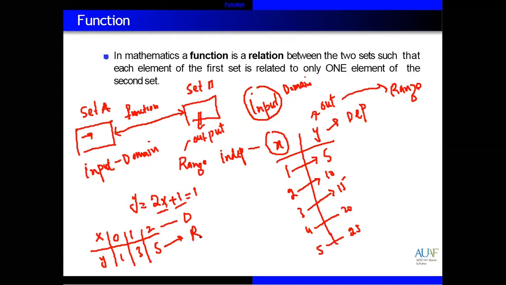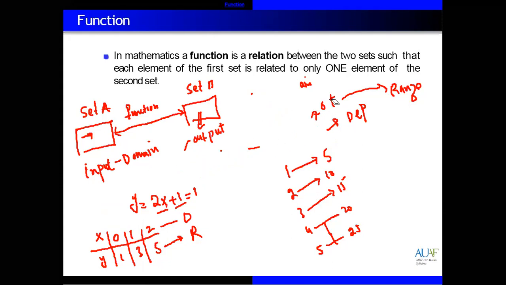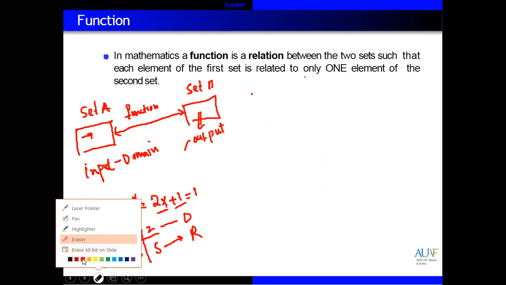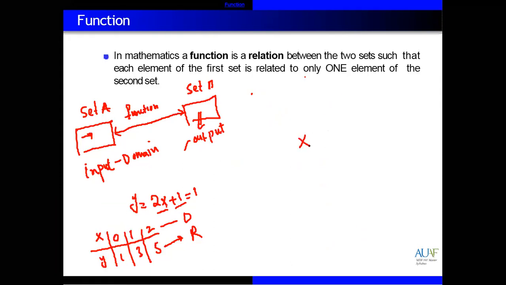We can write an equation for a function, and we use f, h or g to show a function, or to show a relation between two things. For example, if we have these two sets x and y, we can say there is a relation between the two sets x and y.